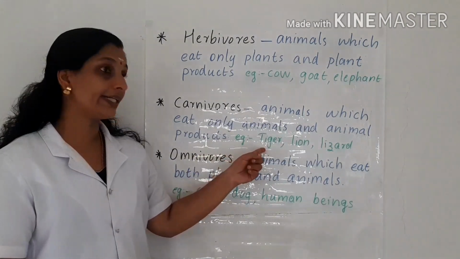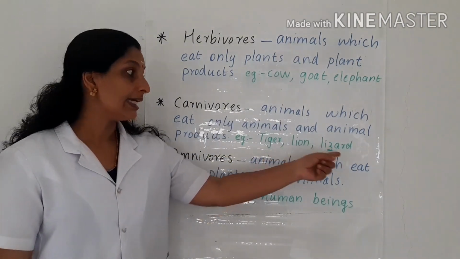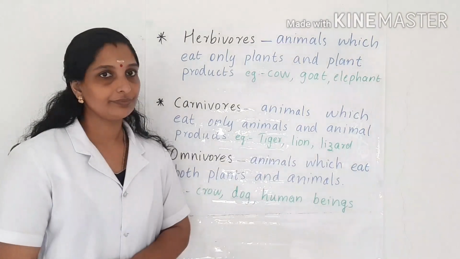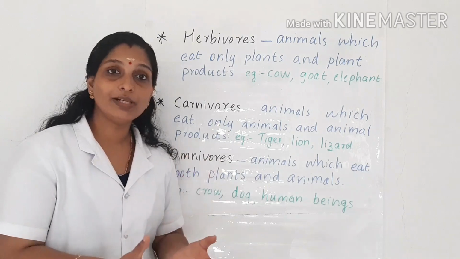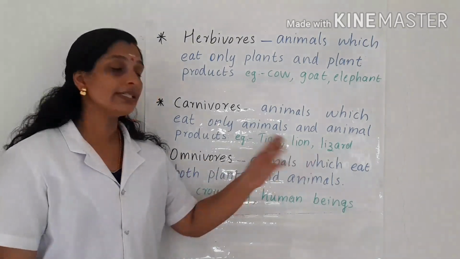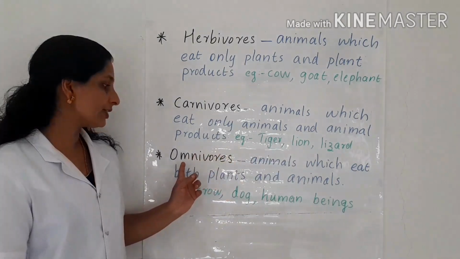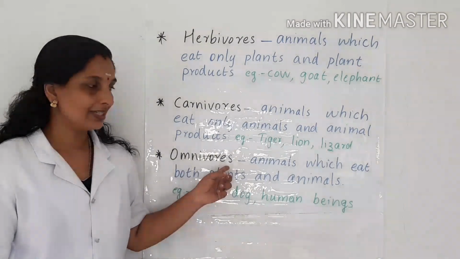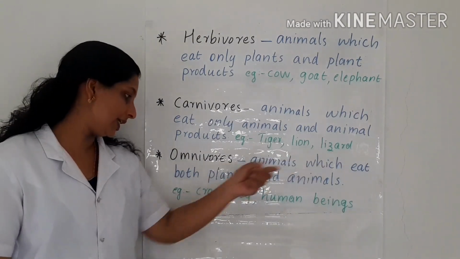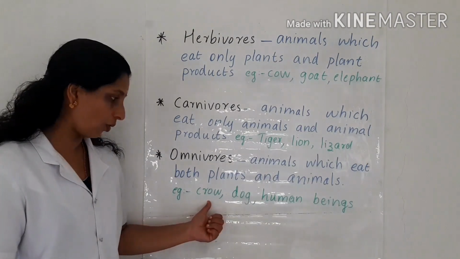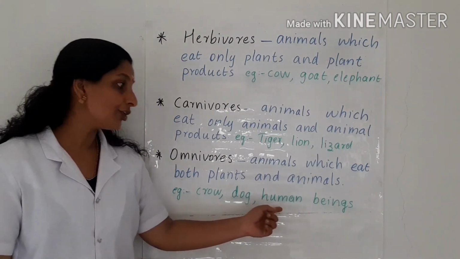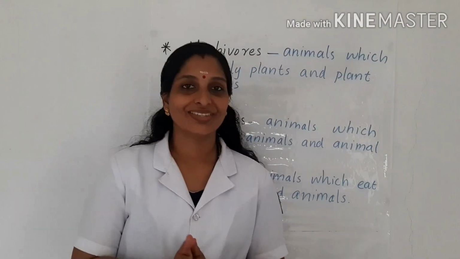For example, tiger, lion, lizard. They eat only other animals, which are smaller than them. Next group is omnivores. These are animals which eat both plants and animals. For example, crow, dog, human beings, that means we.